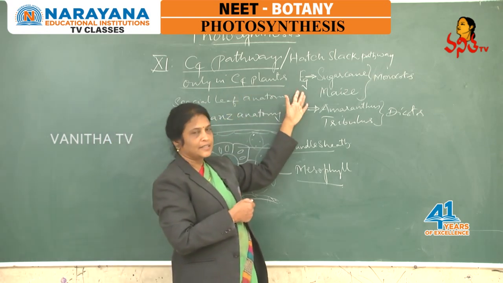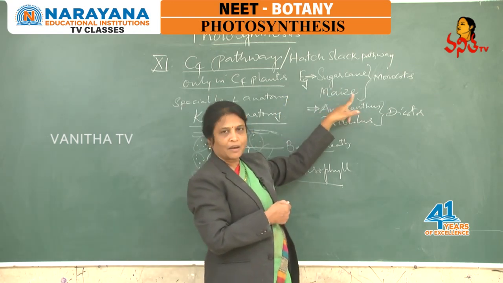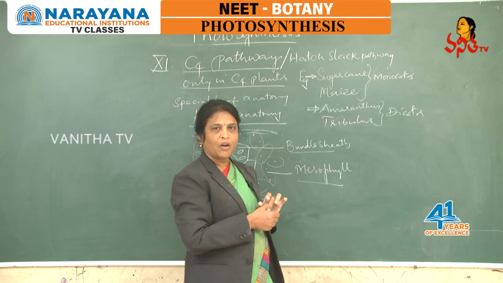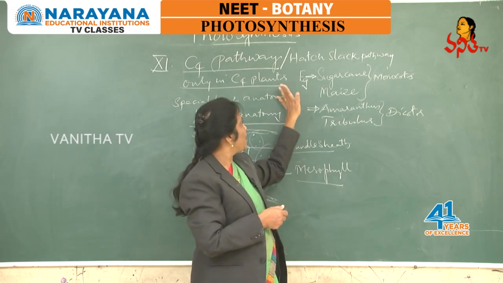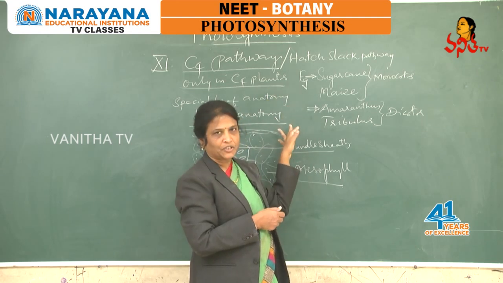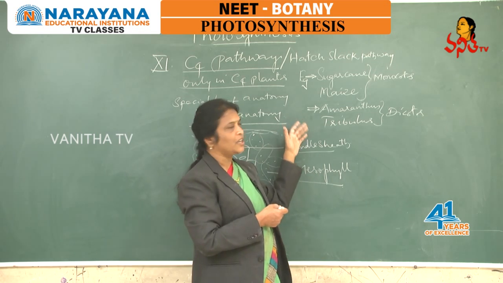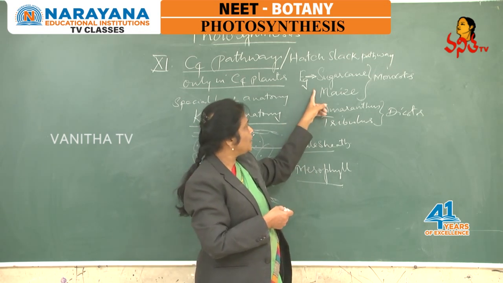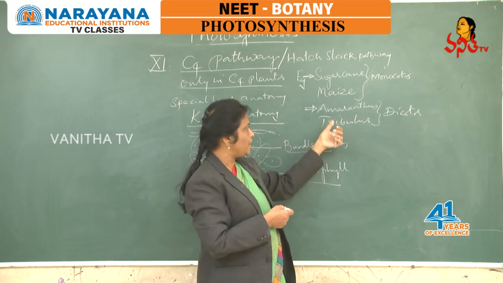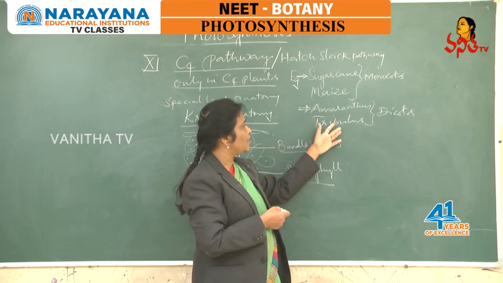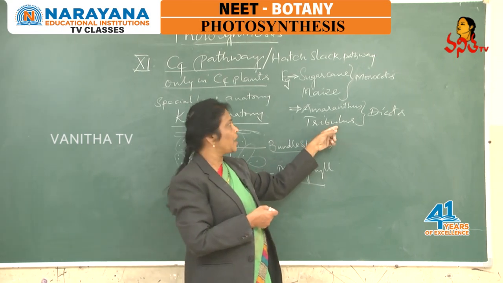Examples for C4 plants include sugarcane and maize, which come under monocots, but not all monocots. Here we have to memorize the examples. It is not a family character, it is not a group character. The scientists traced out this C4 pathway in certain plants only, already traced out in sugarcane and maize, as well as some dicots like amaranthus and tribulus, recently identified with the C4 pathway.